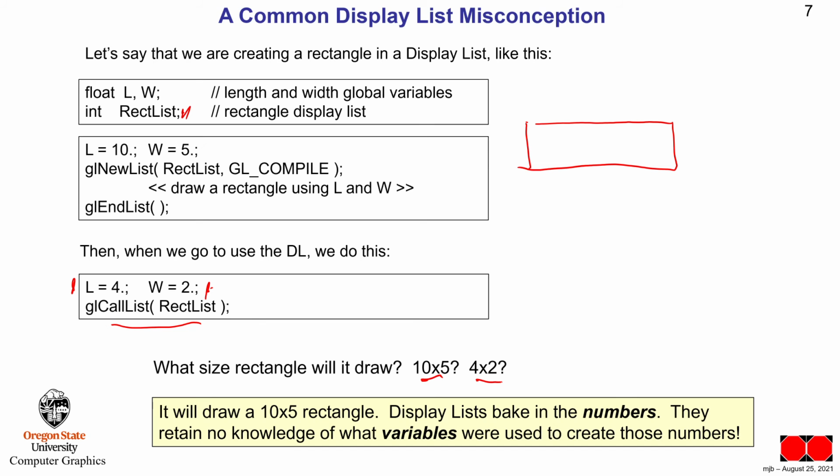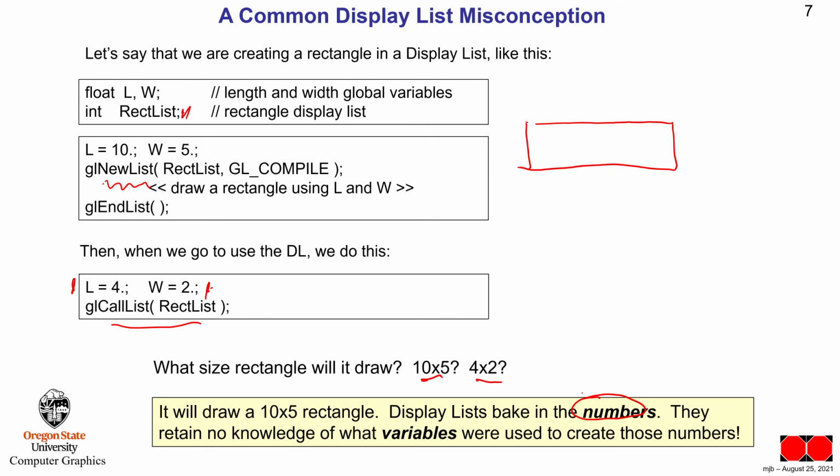And the reason is when you call those glVertex3f calls right here, well, C is a pass by value language. Even though you're using L and W in the function call, it's the numbers that are going over. And display lists bake the numbers in. Over in GPU memory, there are numbers.